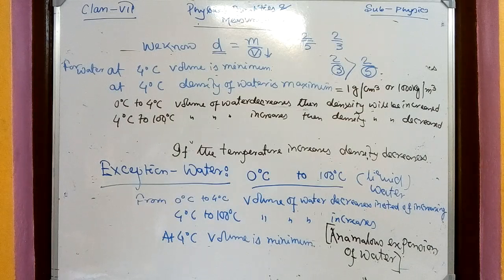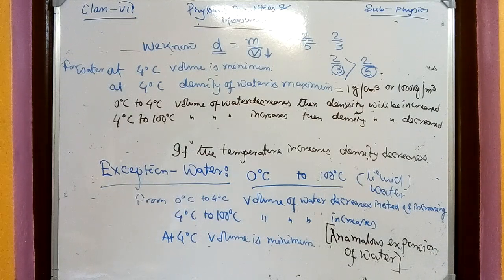Otherwise, your seniors, those who have given the exam, have made this mistake continuously. I have told you several times it is only for water, but they forgot that and wrote it for any other body. If I ask what will happen with the density if the temperature increases, they start writing 0 degrees to 4 degrees, volume decreases, density increases.